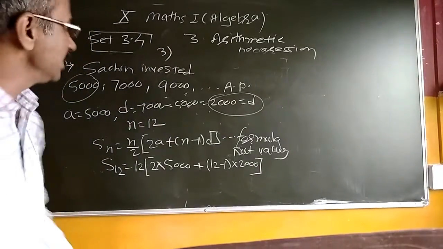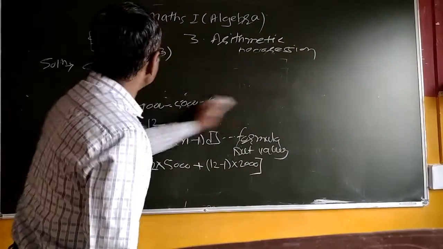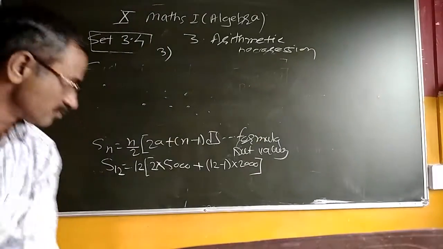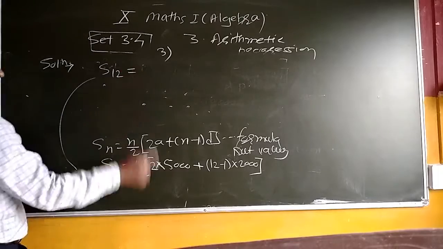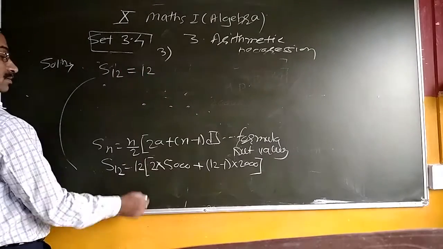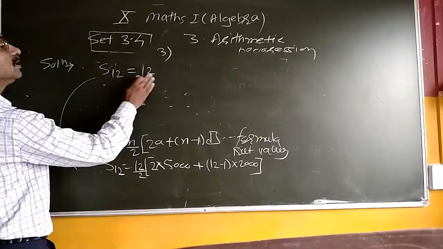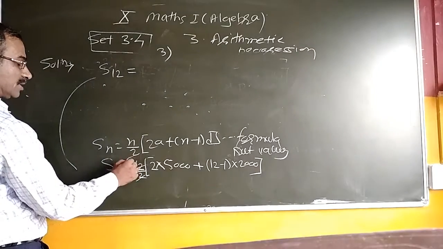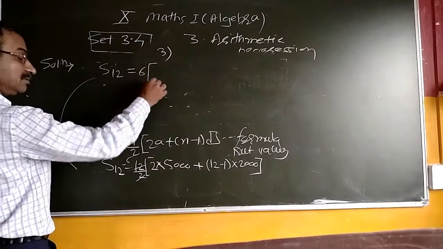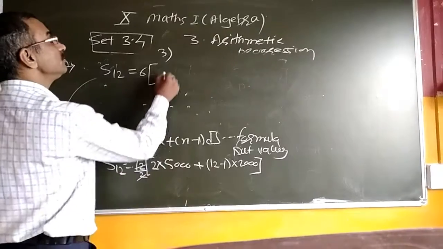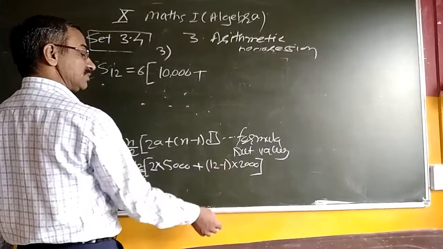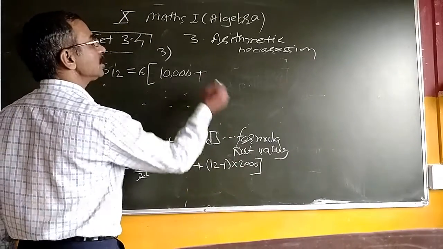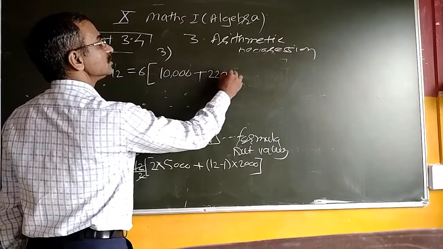So by calculating it, we get S12 is equal to 12 divided by 2, which is 6, in bracket 5,000 into 2, that is 10,000, plus 12 minus 1, that is 11, 11 into 2,000, 22,000.